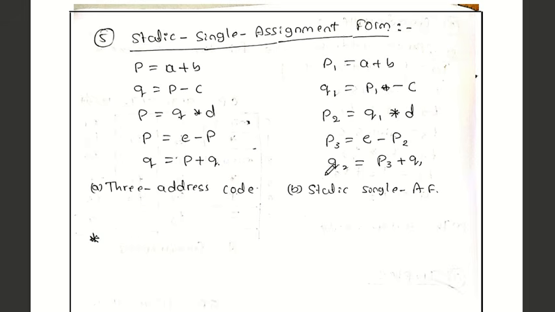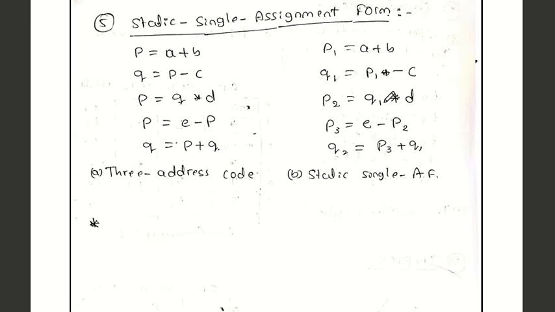After rewriting this three address code into static single assignment form, it is simply written with a subscript, because this is copied by this one, so we name it P1. It is P, it is P1. Here Q1, like that. Other than that, there is no difference, because once you have used the value here, you need to change that value. So instead of changing the entire value, you are just increasing the number. Okay, so that's all about the three address form.